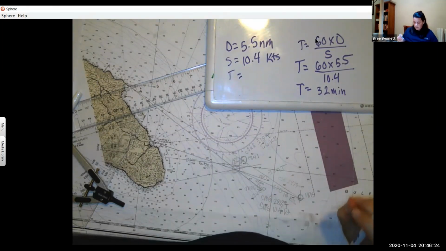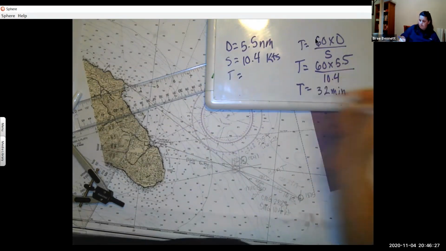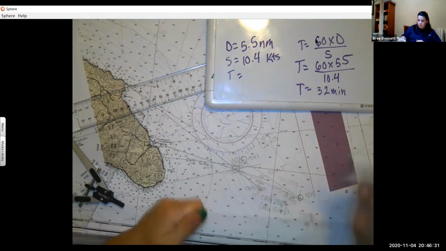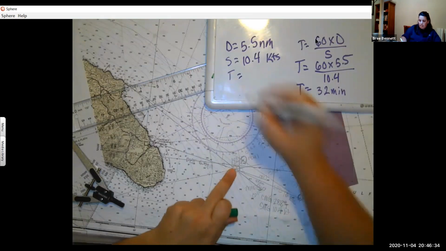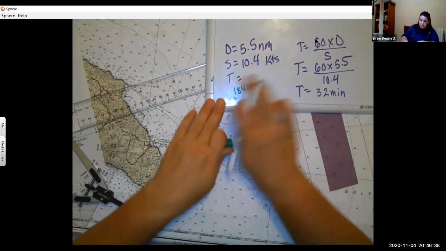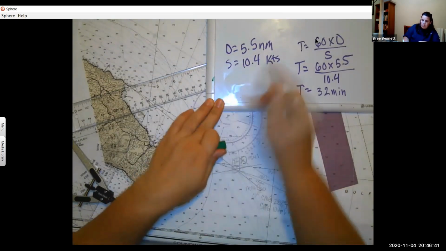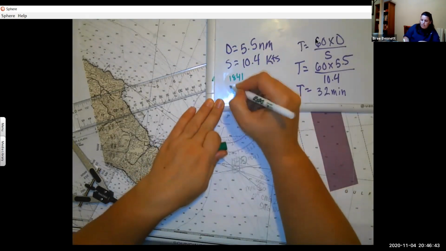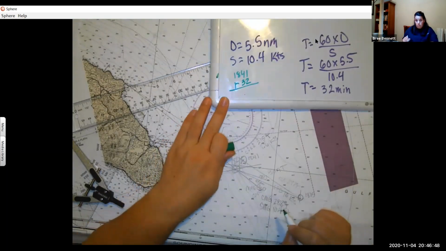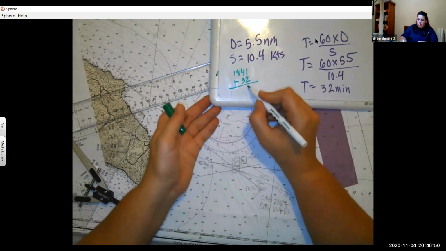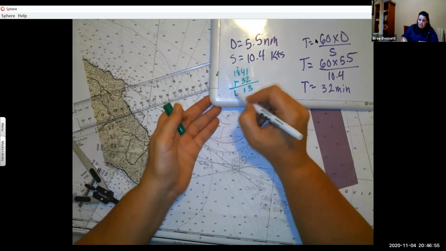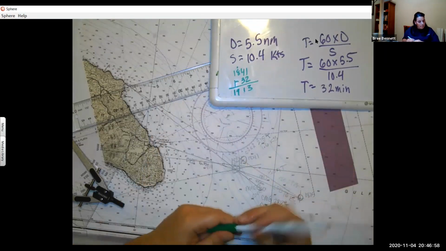So I would say, change to green here. If we started at 1841 plus my 32 gives me 3, 7, carry the 1, 1913 as my ETA.